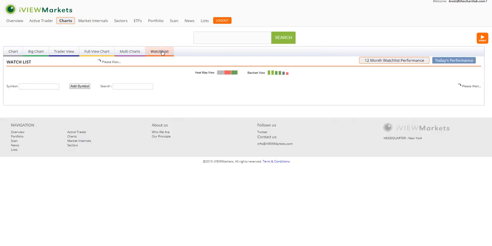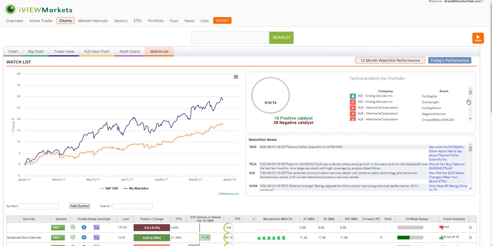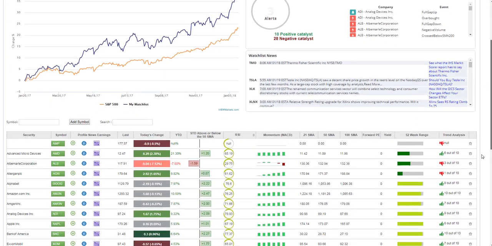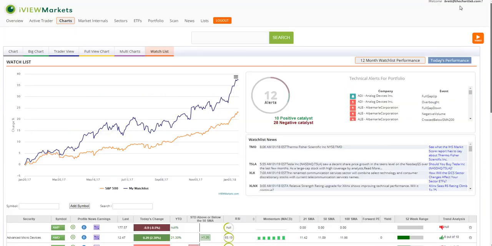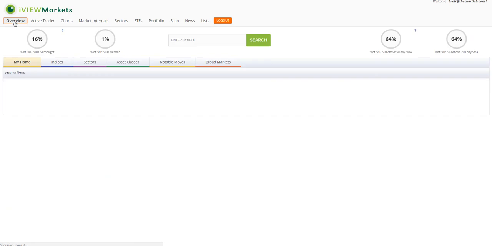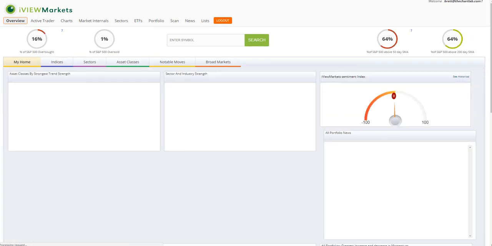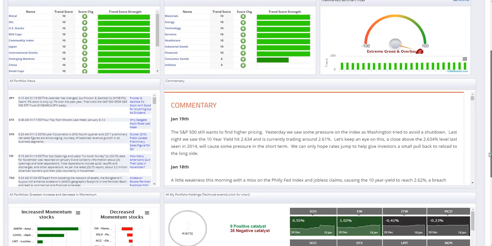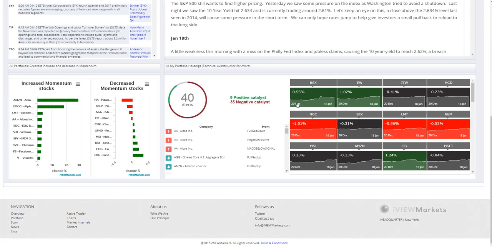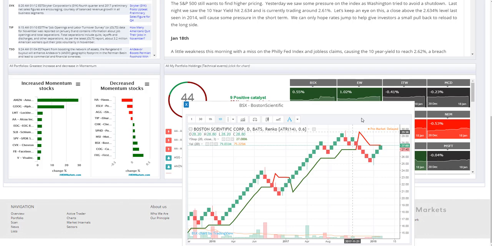Additionally, you can come into your watch list and add it here. And you can also keep track of it. It's very important. So you can see it here as well with the Renko ATR. This is obviously a different stock.